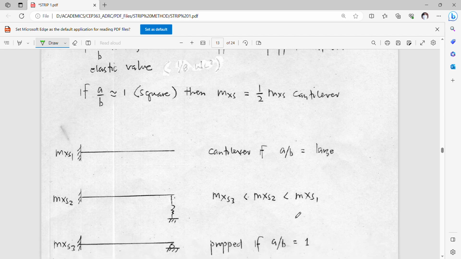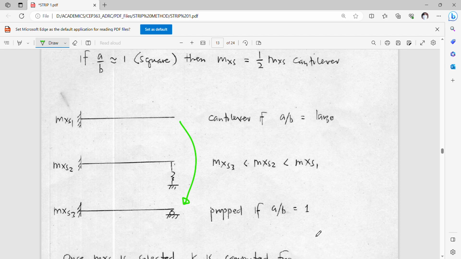It simply means that when I have here a cantilever beam approaching a propped beam, the value in between will simply be a range, considering here a zero support and a full prop support, and this becomes now a split support. And of course your MXS1 here is greater than MXS2 and MXS3. So if A over B is equal to 1, then you have a propped cantilever in case.